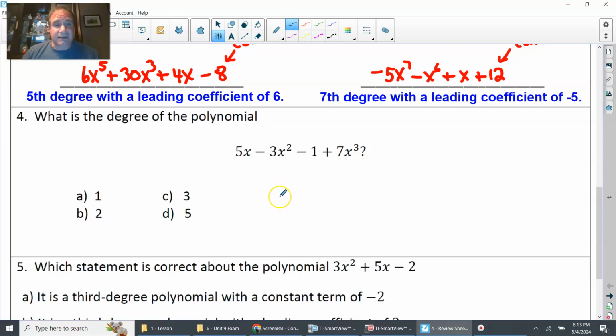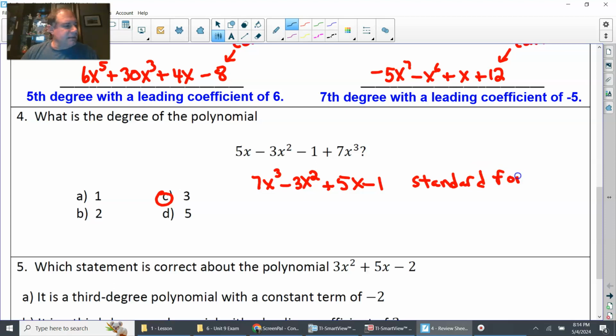You don't have to write it in standard form. You just have to go to the largest exponent and say it's in the 3rd degree. But if you were writing this in standard form, it would be 7x to the 3rd minus 3x squared plus 5x minus 1. That's standard form. So this has a leading coefficient of 7 and a constant of negative 1.